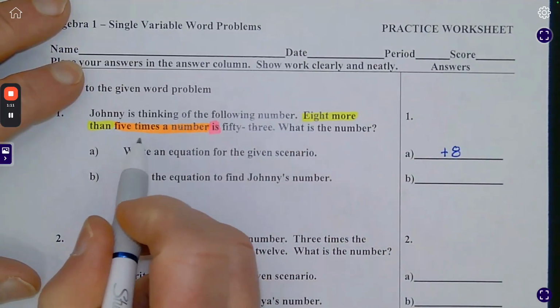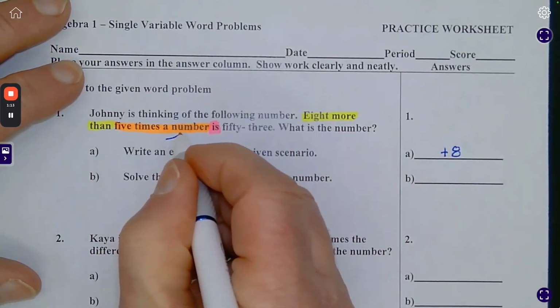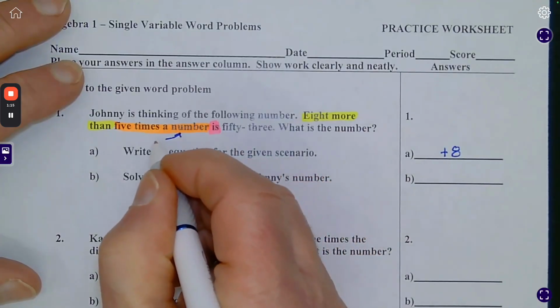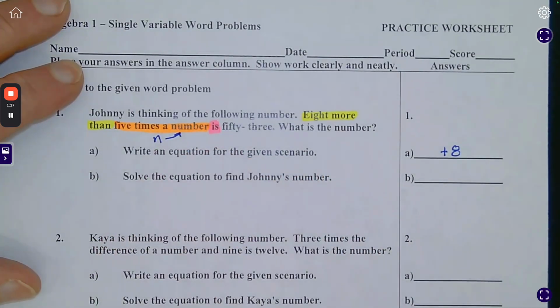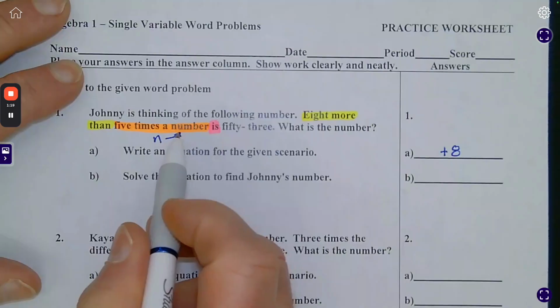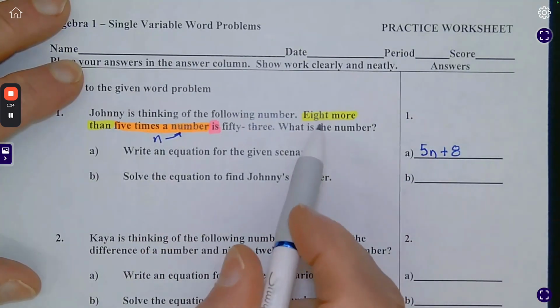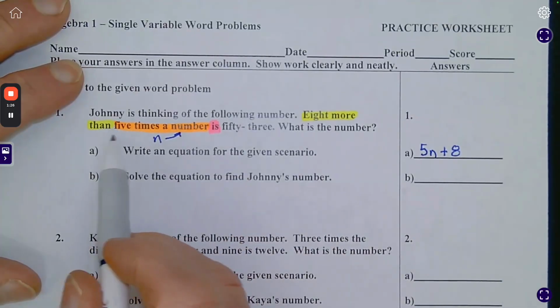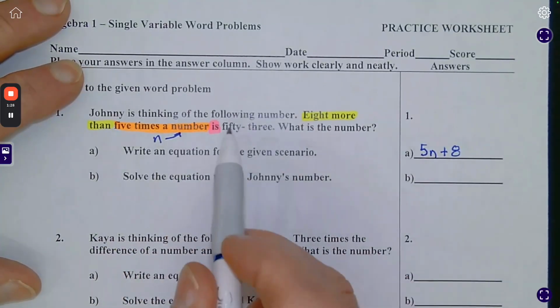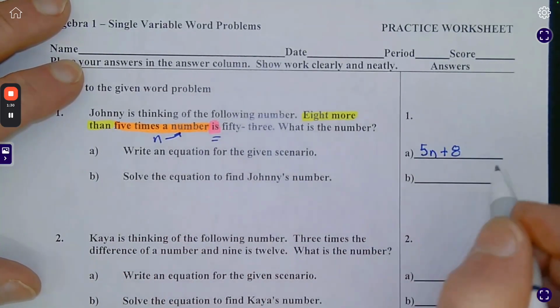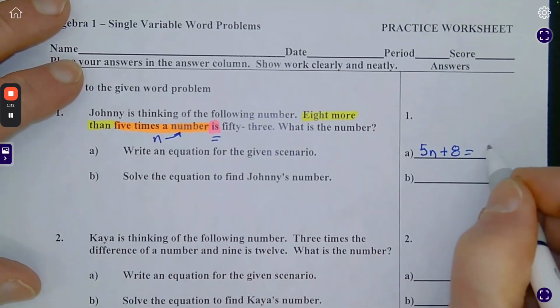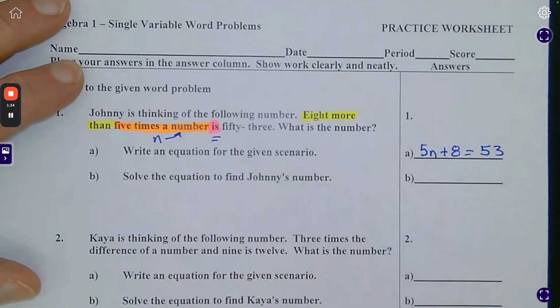I'm adding 8 to 5 times a number. Now, a number means a variable, so I'm going to say n for number. So 5 times a number, times means multiplication. Boom. So that is 8 more than 5 times a number. The word is always means the equal symbol, and then 53. That's your equation. All right, so one step at a time, my people.